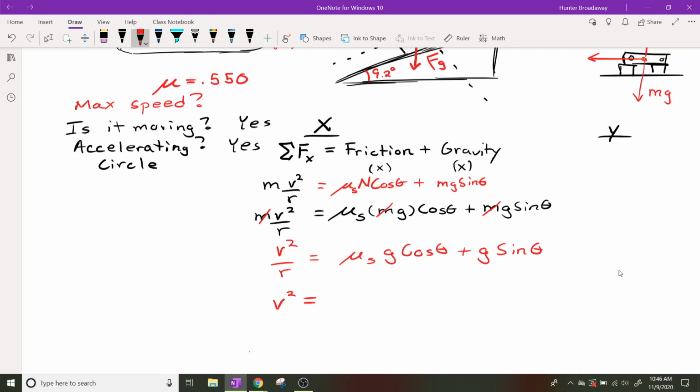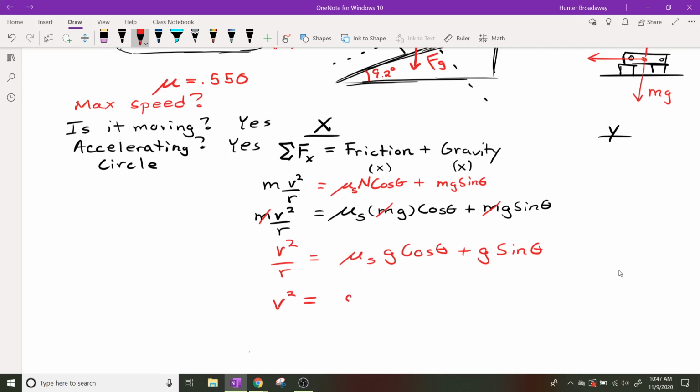Pulling it out is undistributing, also known as unfoiling. If it was a quadratic, it would be unfoiling, right? It's okay. We'll just say we're undistributing it, and that's fine.